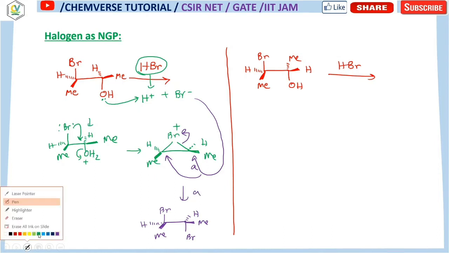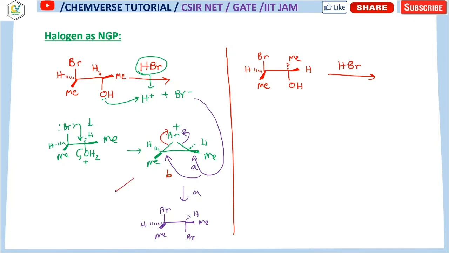And if the nucleophile attacks in this position, that means pathway B, that will form this product. The nucleophile, basically Br minus, is over here.